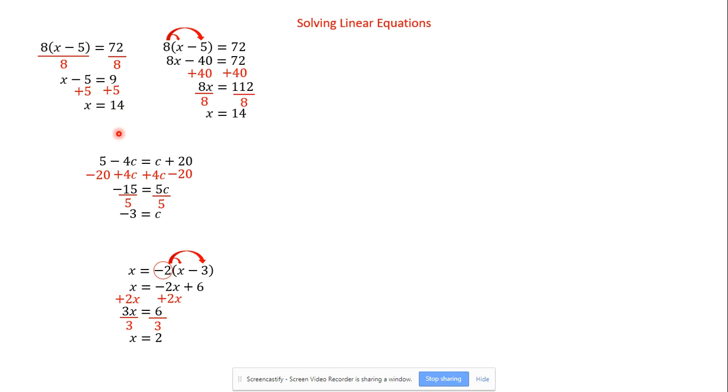That is part of it. Personally, I would rather see your work than the answer. If you can get down to x minus 5 equals 9, yeah, you can probably get to x equals 14. The work needs to be with the problem. If I have to look for your work and search for it, you did not show it. So, I'm sure I'm going to have to remind some people of that too at some point. Anyway, equal signs go straight down the paper. The work is right with it.